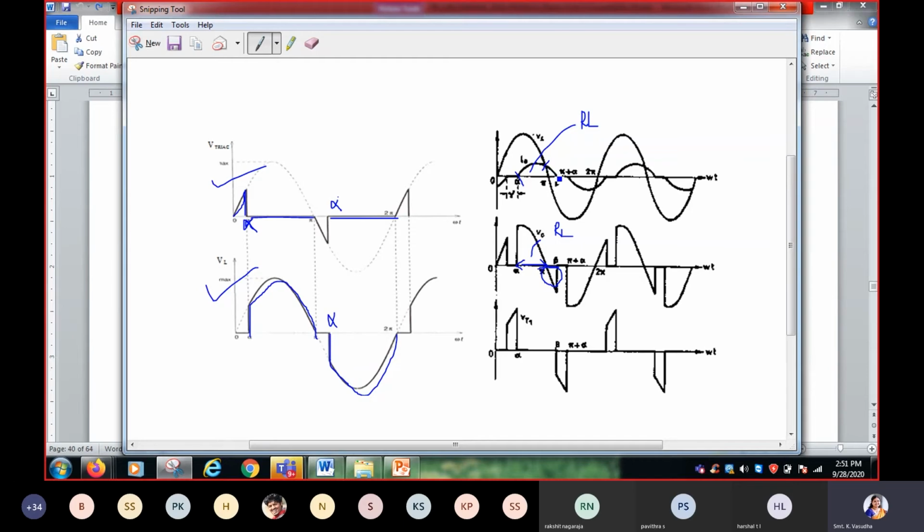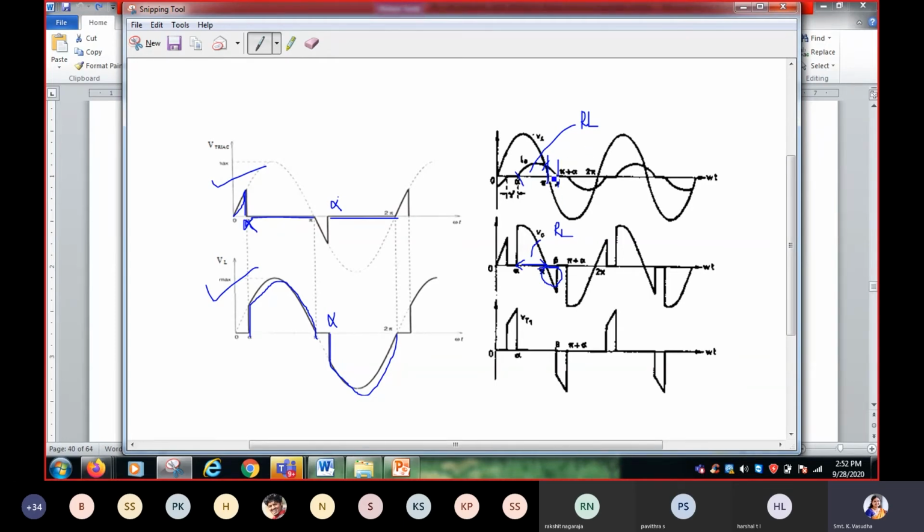During this process, the triac keeps the supply voltage in the loop. Therefore, the supply voltage appears across the load. This is the same case as we discussed in the last PE class, the diode bridge rectifier with RLE load. The same case is coming here.